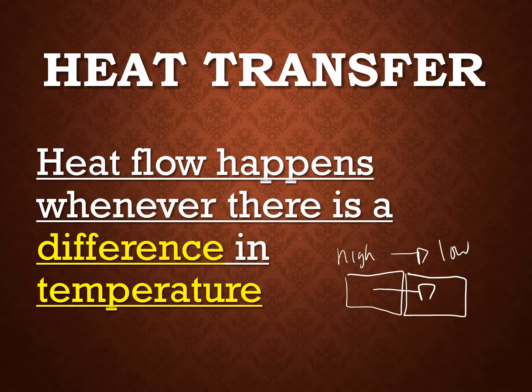It doesn't matter if it's from left to right or up and down. Let's say for example, if you had something that's 80 degrees versus 20 degrees, heat will flow from high to low. Okay, I could also have something like this, something that's 100 degrees Celsius here, but 20 here. So heat will always go from high to low.